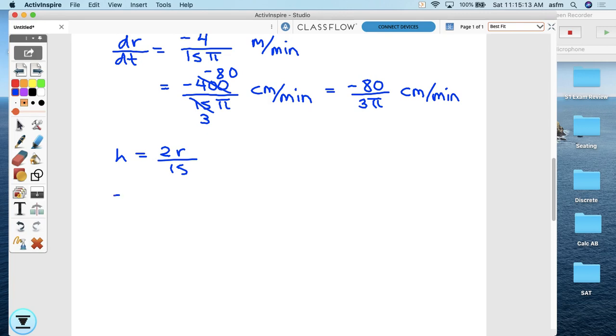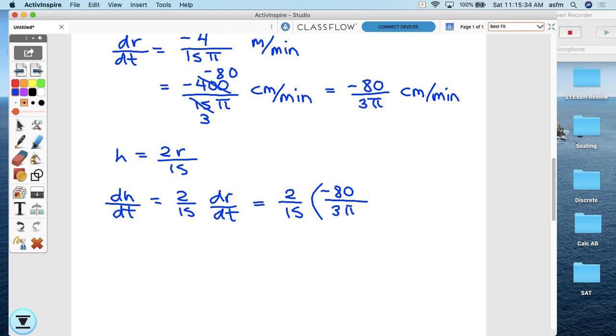So if I take the derivative of that, I get dH/dt equals 2/15 of dr/dt. And since I've already solved for dr/dt, I can just substitute straight in. So I've got 2/15 of the value that I got previously, which was negative 80 over 3 pi.